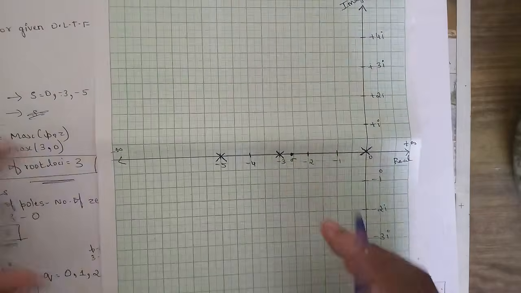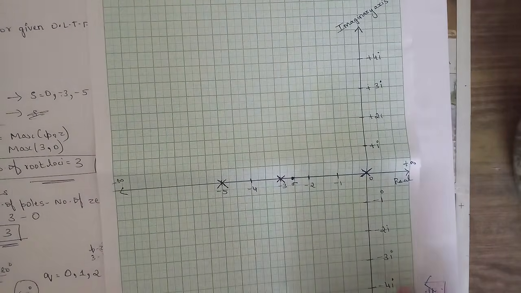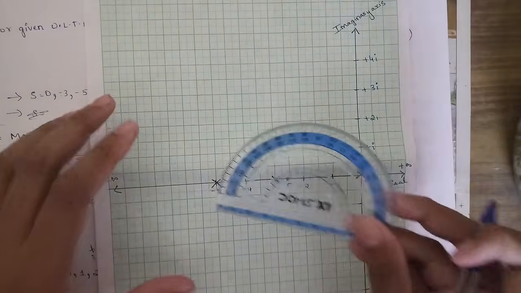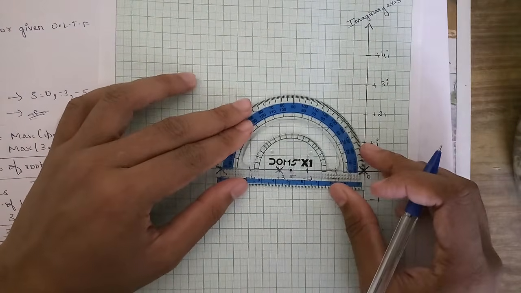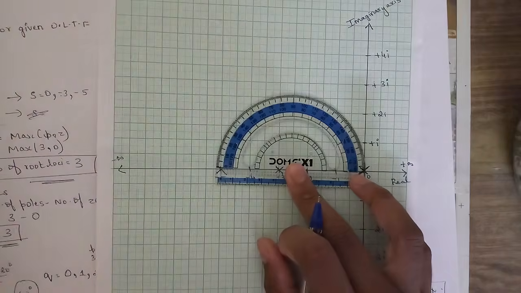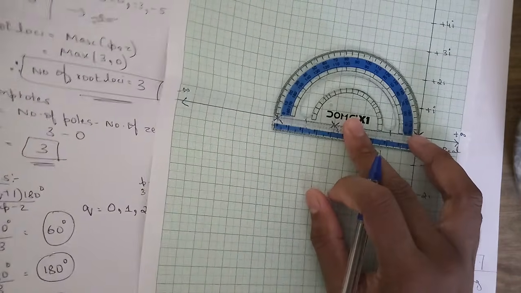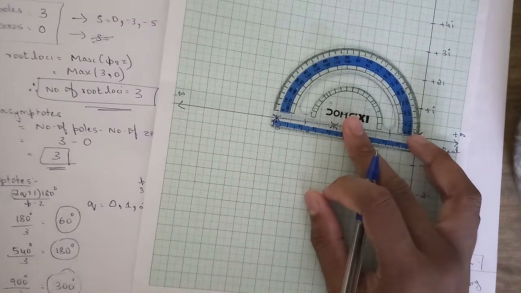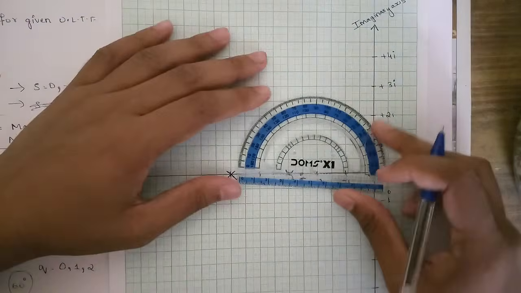Now from this centroid we need to mark the angles of asymptotes. Use a protractor, keep the point here and mark the angles of asymptotes. The 3 angles we have got in this case are 60, 180 and 300. So let's plot those 3 angles of asymptotes.